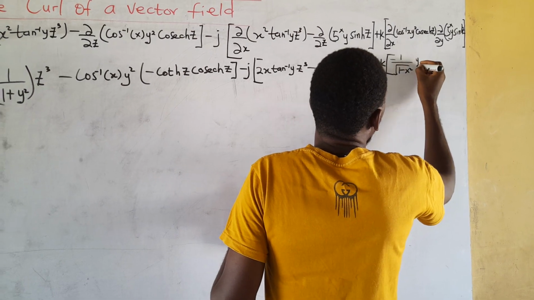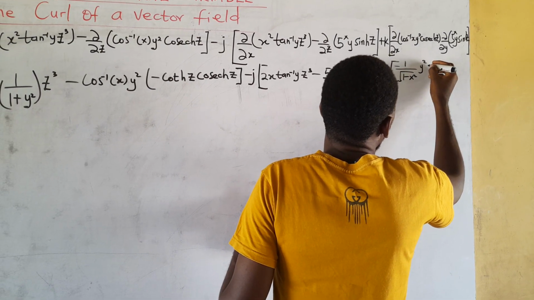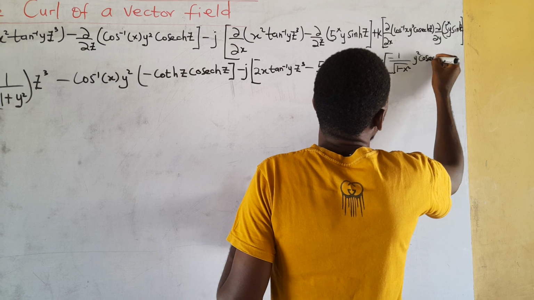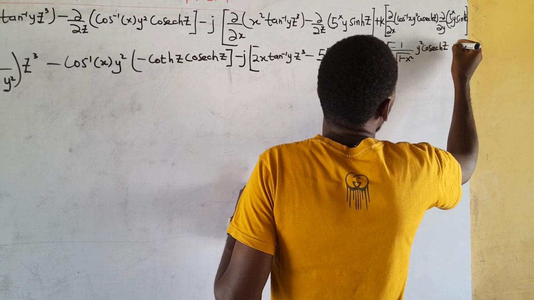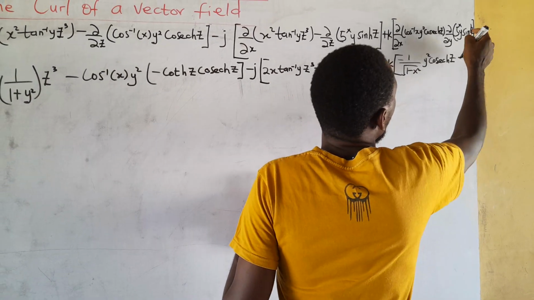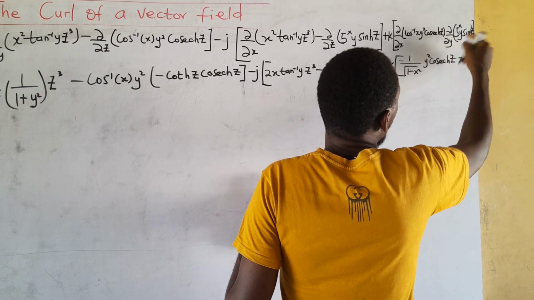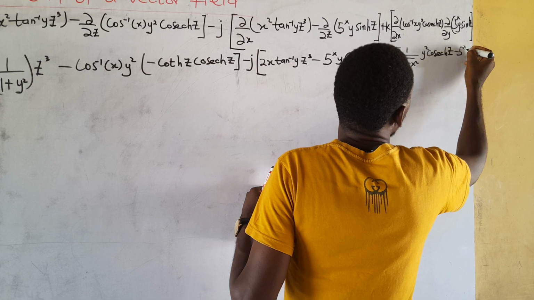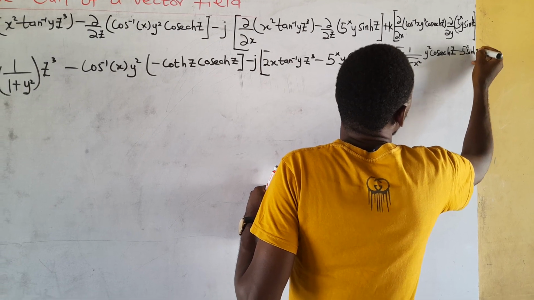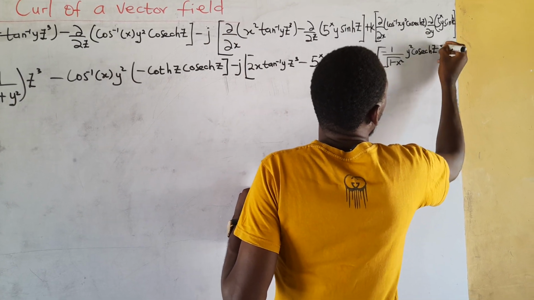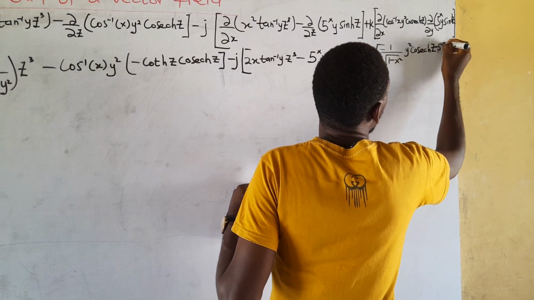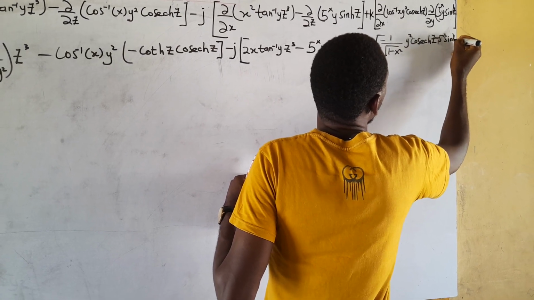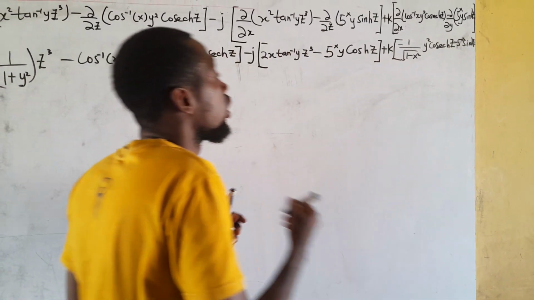Then we repeat the y and the z. So y squared cosec z. Then minus, here we are going to differentiate with respect to y. So we just have e to the power xy sinh z. Please, it is minus e to the power xy sinh z. I hope you get that.